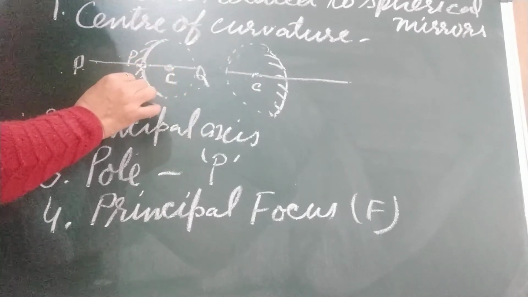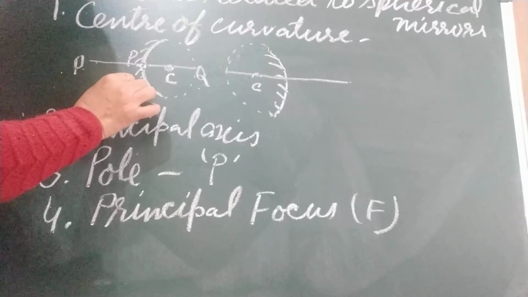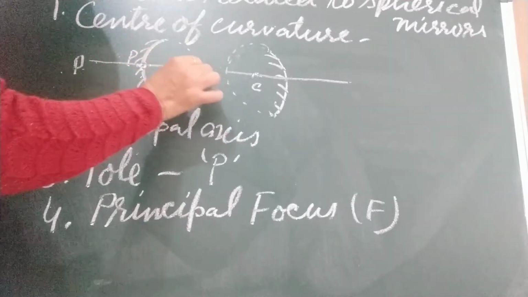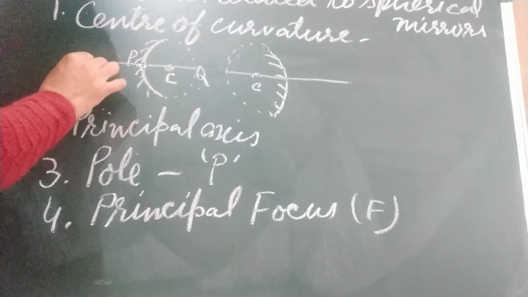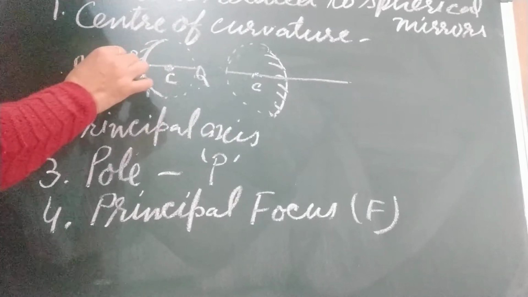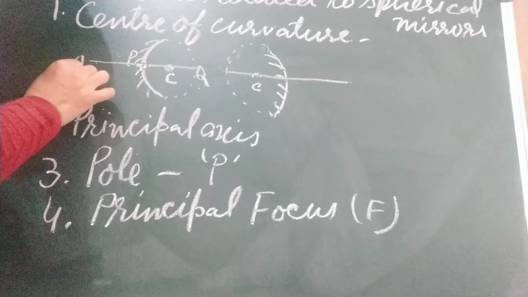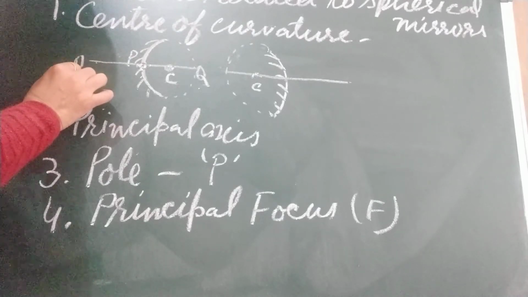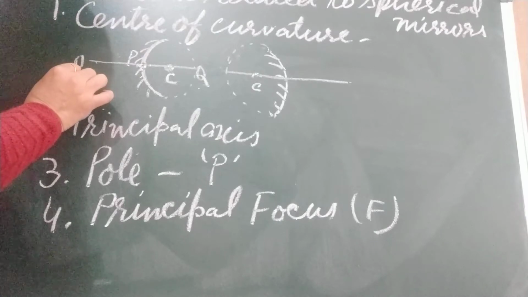The principal focus of a spherical mirror is the point on the principal axis at which parallel rays of light, after getting reflected by the mirror, meet or appear to meet.